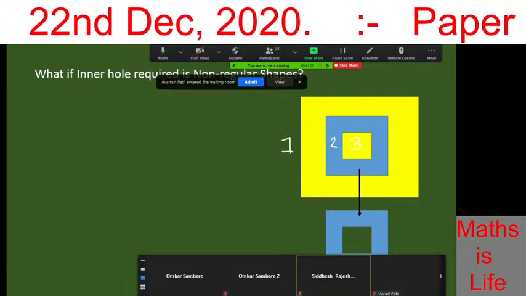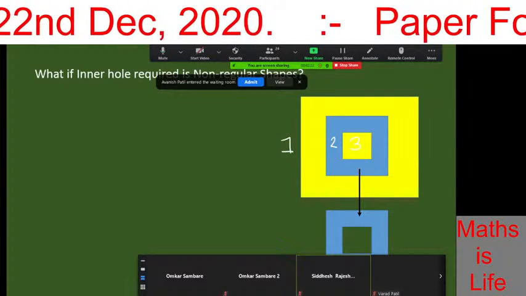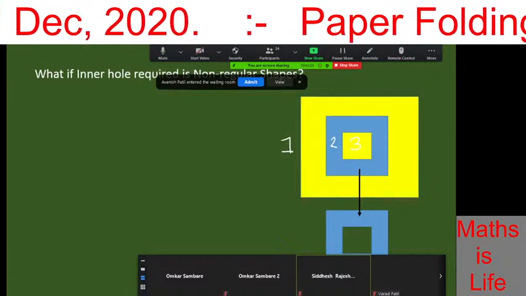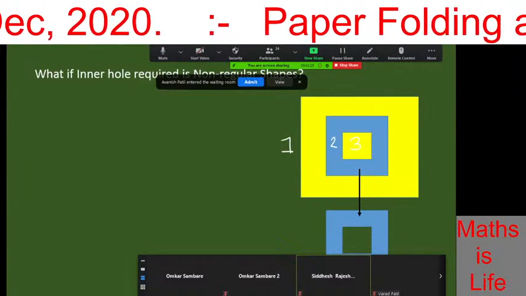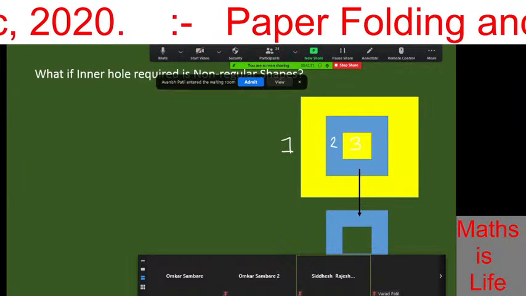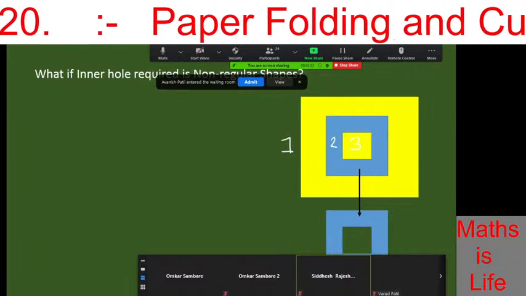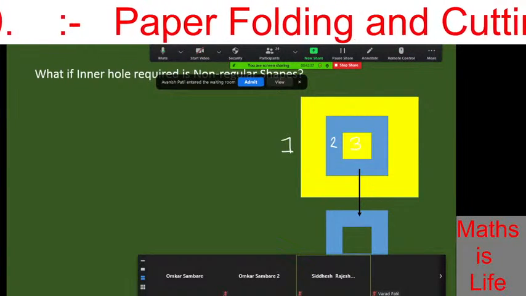If we cut only one line, all these three regions will get separated. How can we do this?